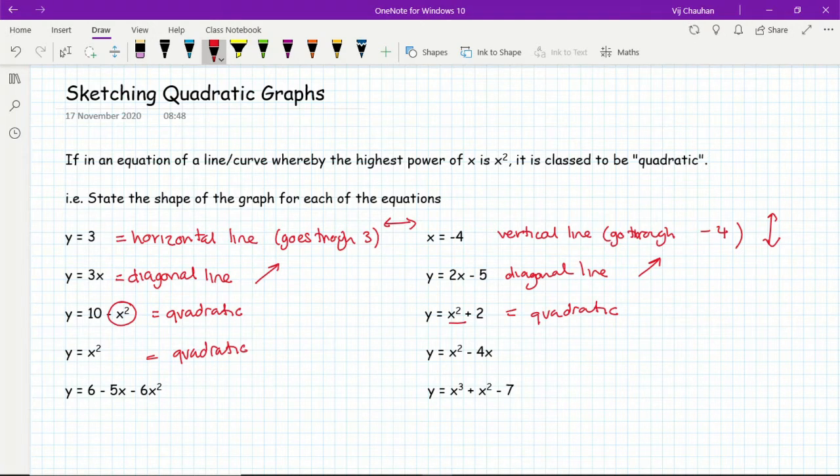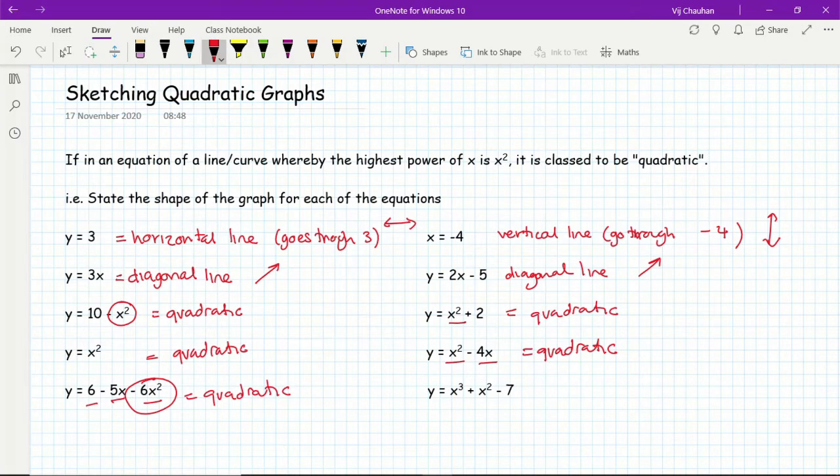Now for y equals x squared minus 4x, here we've got an x squared and we've got x, but the highest power of x is 2, so that one is going to be quadratic. And for y equals 6 minus 5x minus 6x squared, again, we've got x, we've got a number, and we've got x squared, but the highest power of x is x squared, so that's also going to be quadratic.